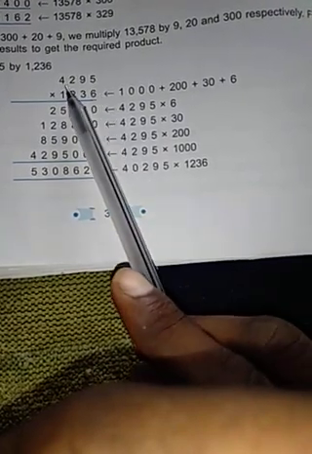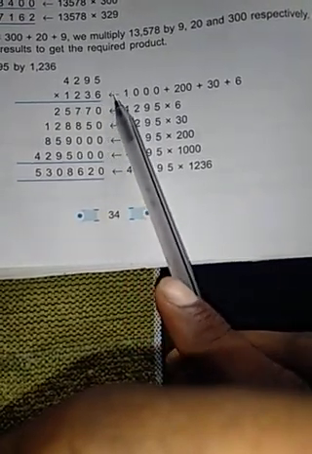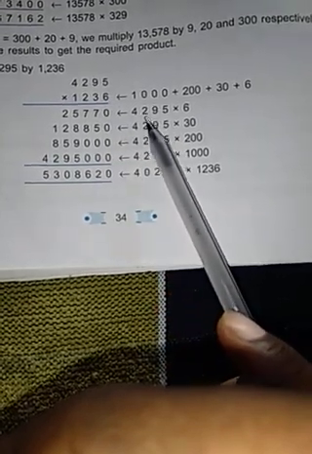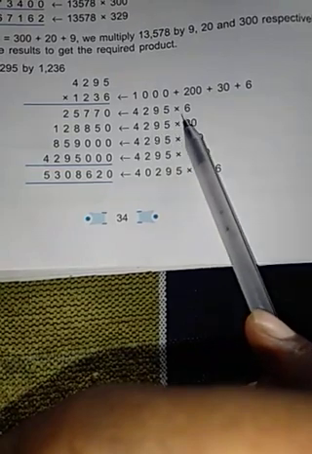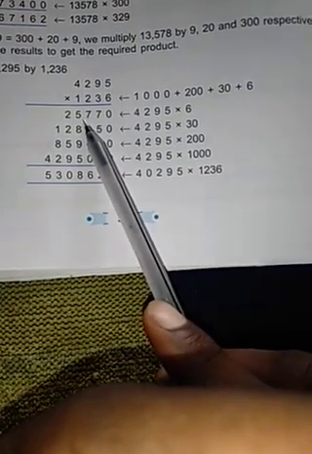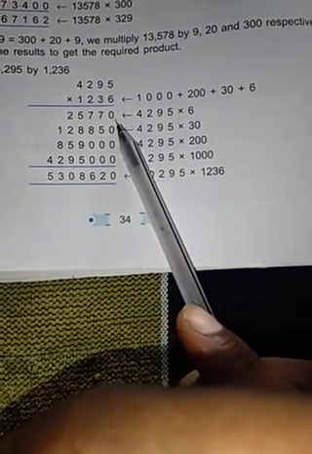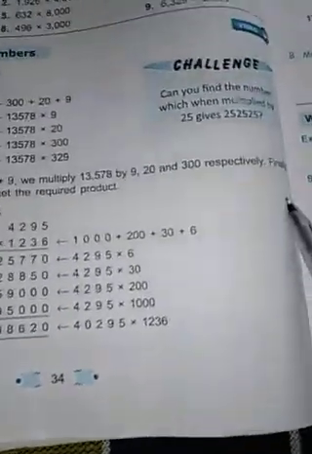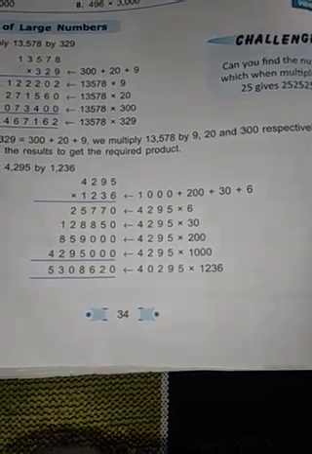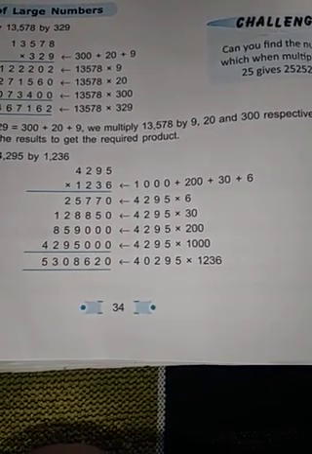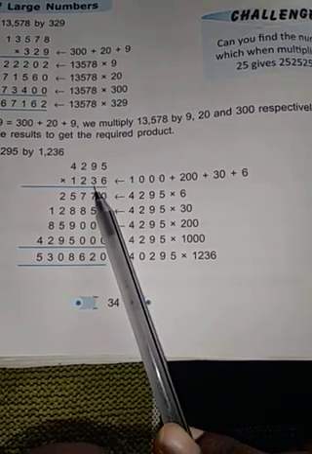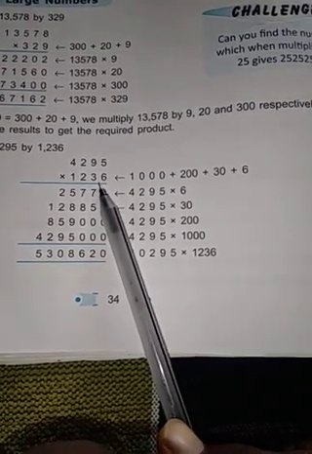So first we multiply 4295 with 6, which is in the unit place. The product of 4295 and 6 gives 25,770. Now multiply 4295 with 3, which is in the tens place.